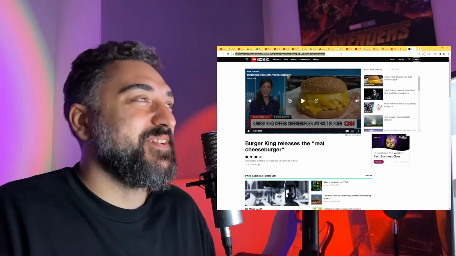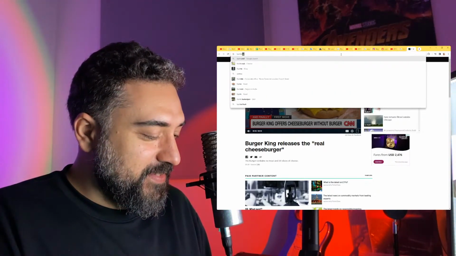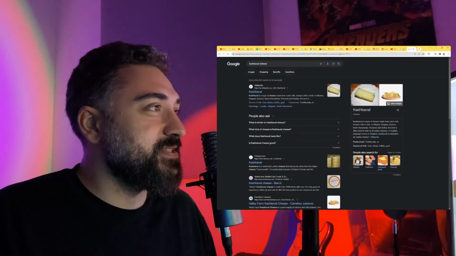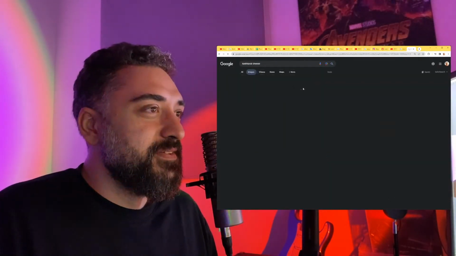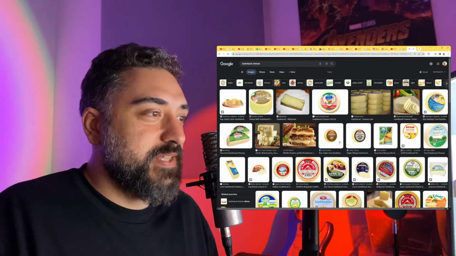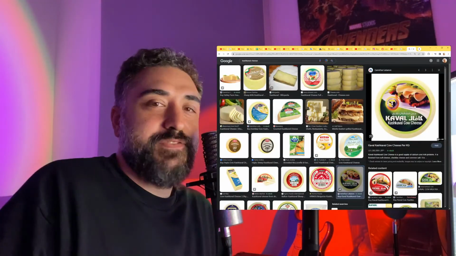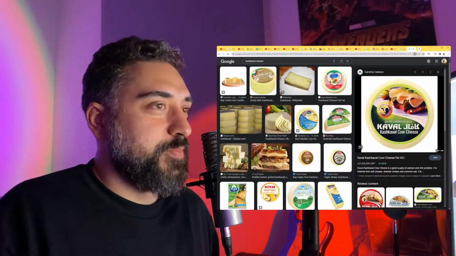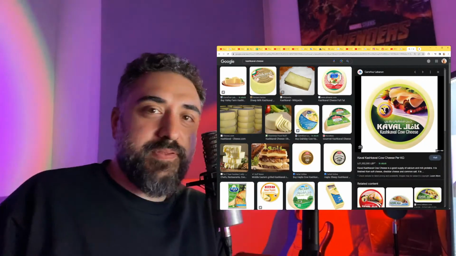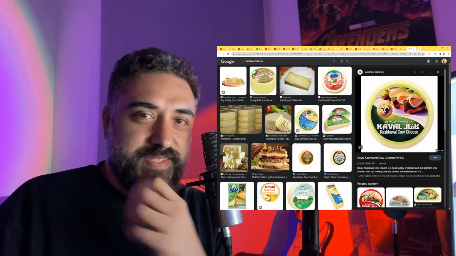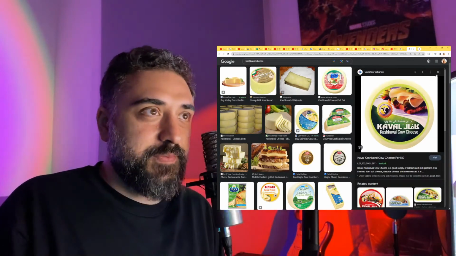Let me show you what it was. It was literally this. Yeah, it looks basically like one of these. I think it was literally this brand. So I buy this block of cheese, this circular beauty, and I unwrap it. I don't even know how I unwrapped it because the packaging on this thing is tough to break.